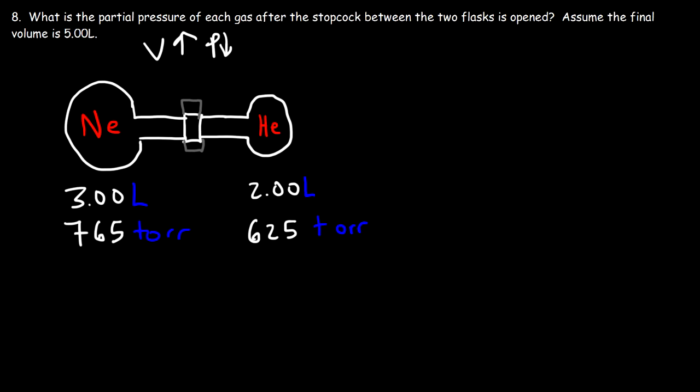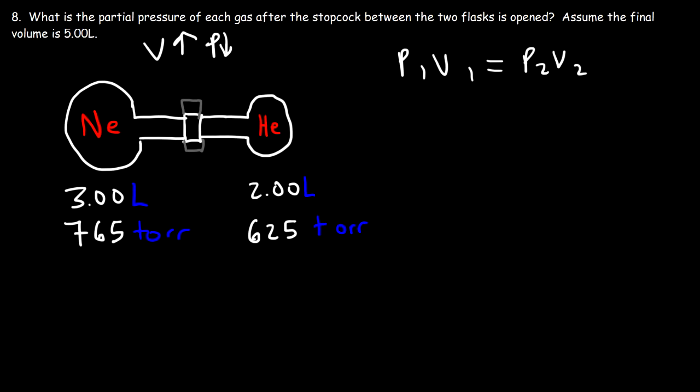So as soon as the stopcock is open and as the volume goes up, the partial pressure of neon is going to decrease from 765 to a smaller value. Now the volume of helium is going to change from 2 to 5 liters, and so the pressure is going to decrease. Now all we need to do is use Boyle's law for each gas separately.